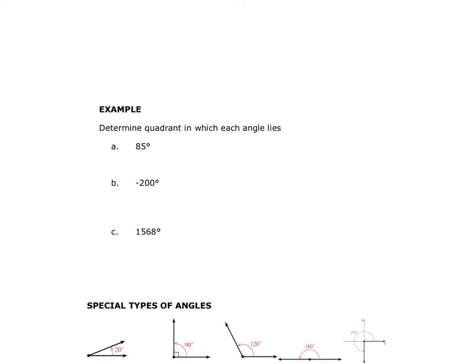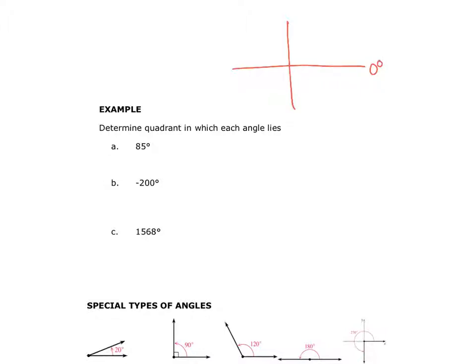So, hopefully you all wrote down all of that stuff on the previous page. Determine the quadrant in which each angle lies. If you didn't write it down, the x-axis represents 0 degrees.